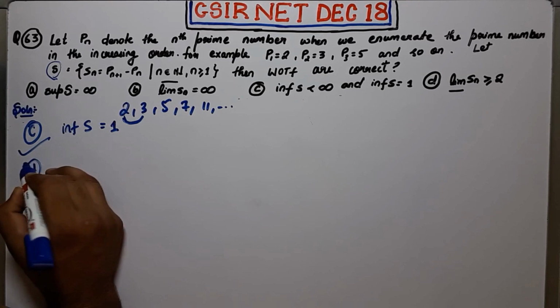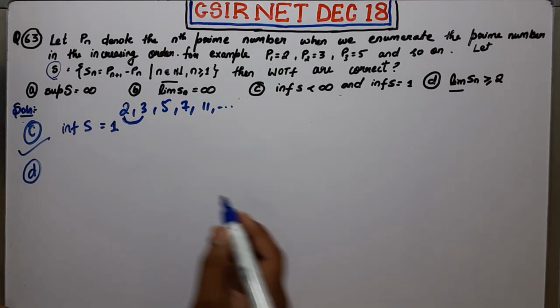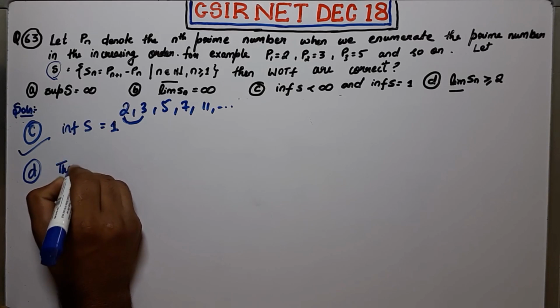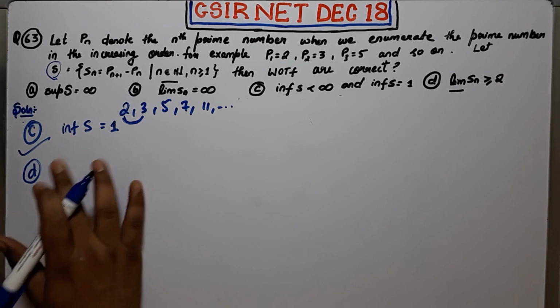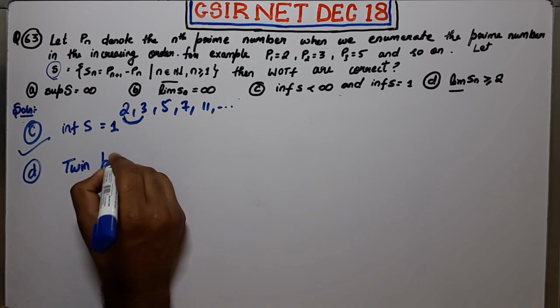Now coming back to the D option. So far we have not used any number theory, but for option D you must know some number theory. What I am going to use from number theory is a theorem, or you can say a conjecture, known as the twin prime conjecture.